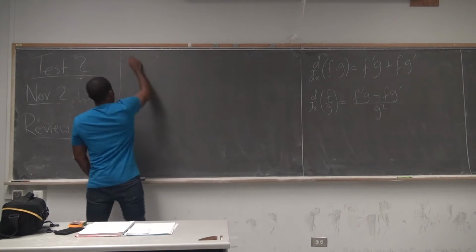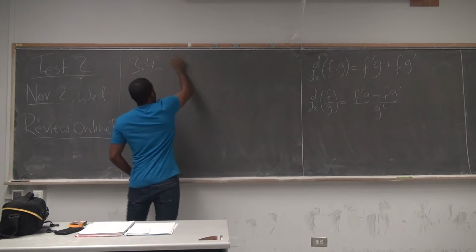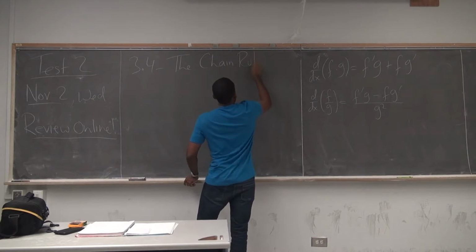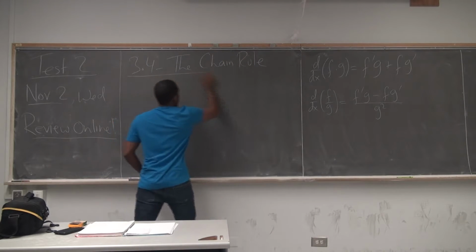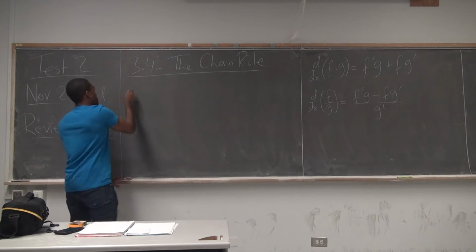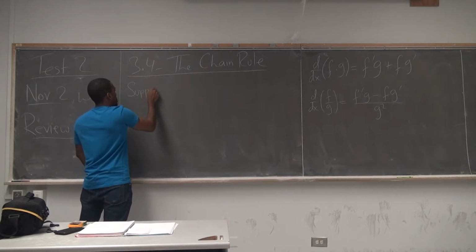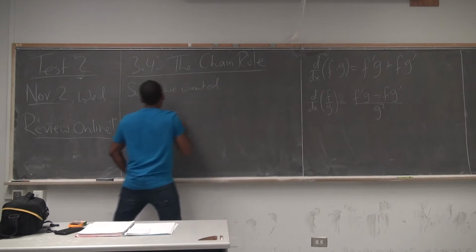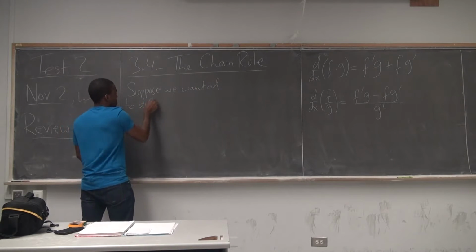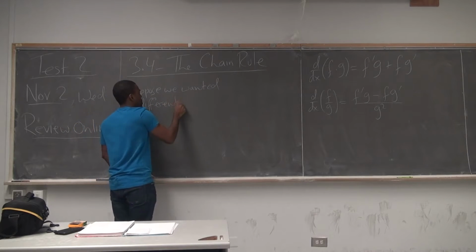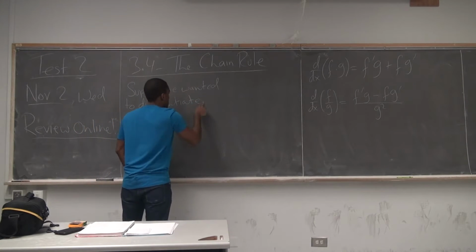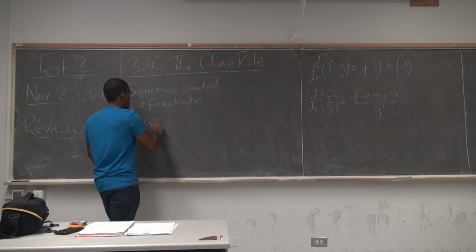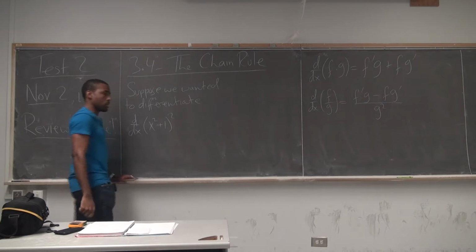Okay, so now we're going to move on to 3.4. It's called the chain rule. Suppose we wanted to differentiate this guy, find the derivative of x squared plus 1, squared.